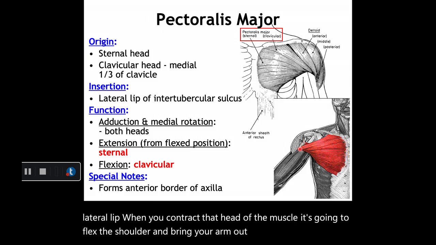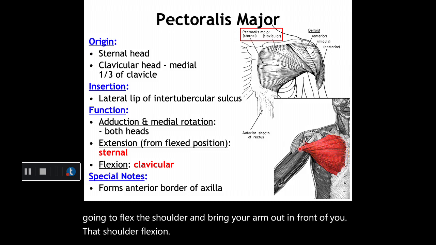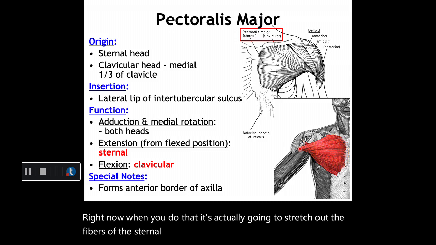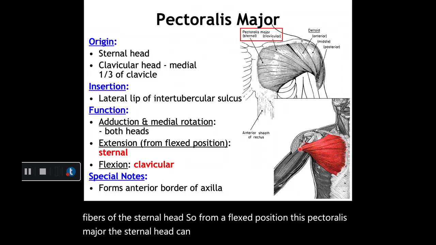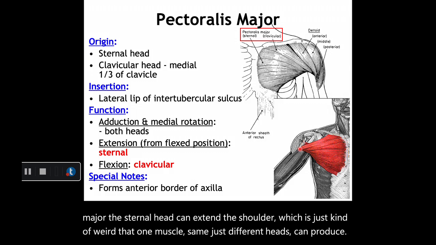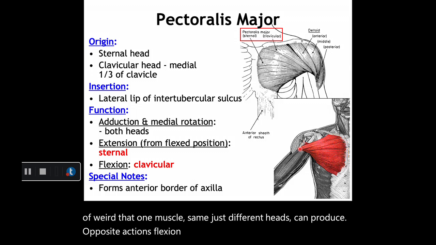That's shoulder flexion. Right? Now, when you do that, it's actually going to stretch out the fibers of the sternal head. So from a flexed position, this pectoralis major, the sternal head, can extend the shoulder, which is just kind of weird that one muscle, same muscle, just different heads, can produce opposite actions, flexion and extension at the same joint.